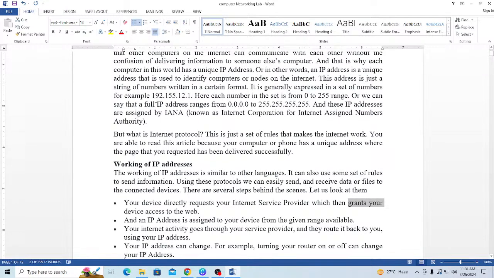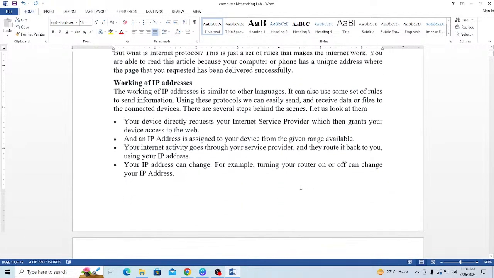For example, 192.155.213 is the bandwidth or range. Here they have given the IP range as 0 to 255. This is the range of IP address. Like that, they will provide some range.